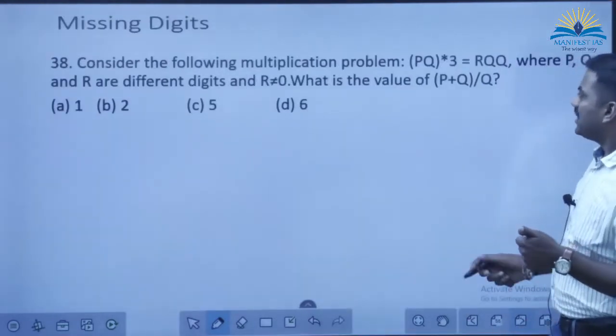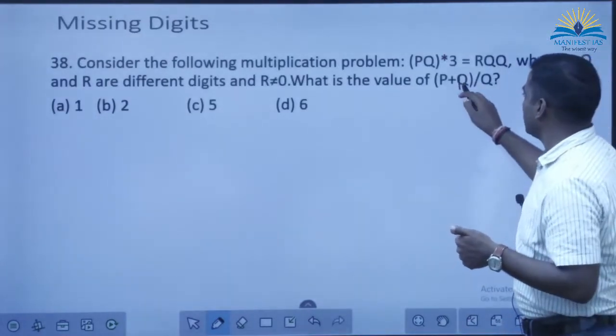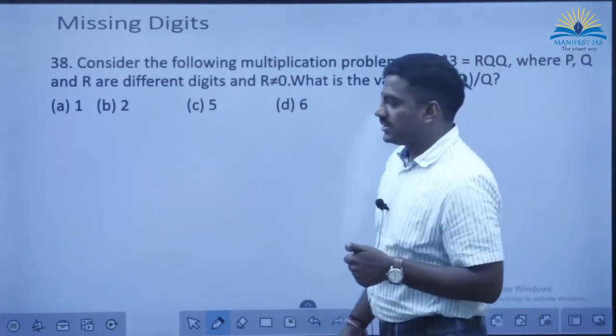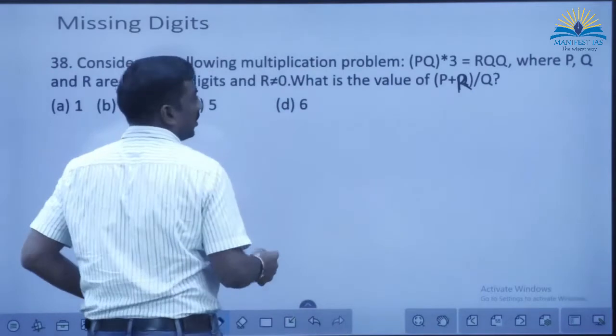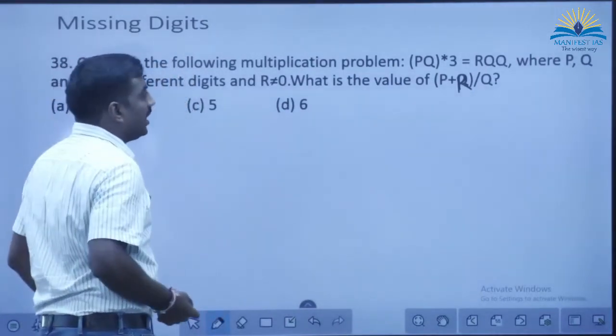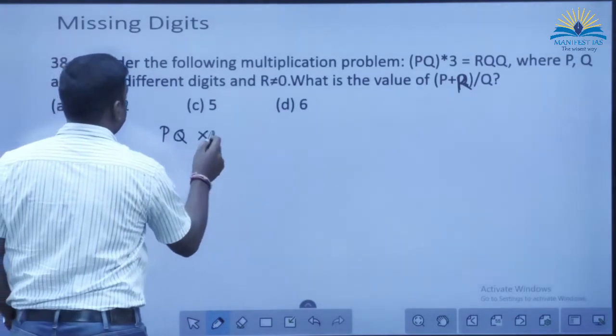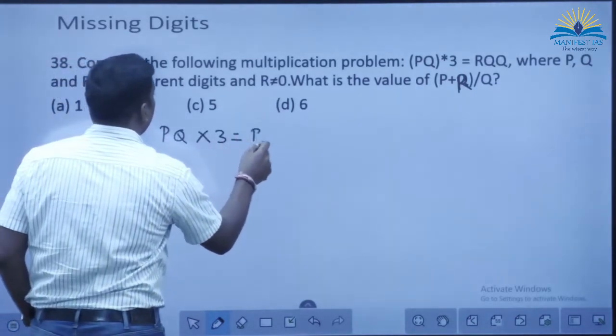Next. Similar thing. Here there is one mistake. This is P plus R by Q. It has to be P plus R by Q. PQ into 3 is equal to RQQ.